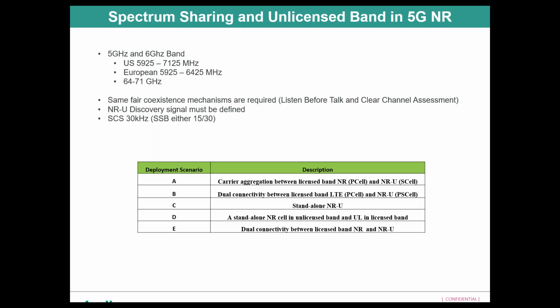But we have 14 gigahertz of unlicensed band available between 64 to 71 gigahertz. So there will certainly be use of that. I know 802.11ad has used unlicensed spectrum around the 60 gigahertz frequency range, but now this is a chance for us to use unlicensed band between 64 to 71 for cellular purposes. But again, for our purpose on this page, we're looking mainly at NR unlicensed band in 5 gigahertz to 7.125 gigahertz.